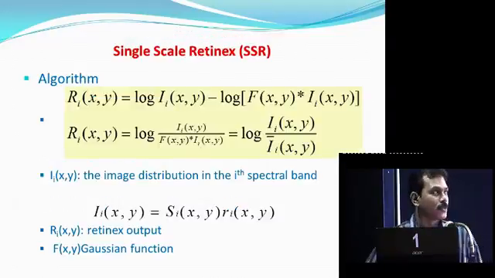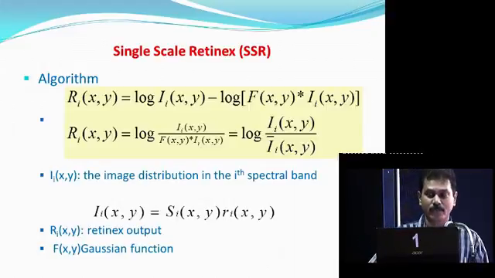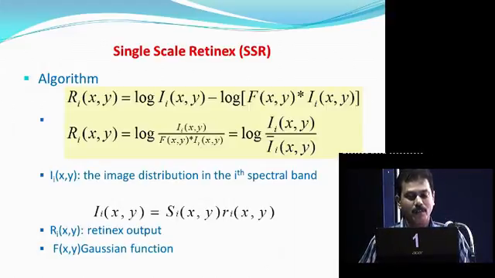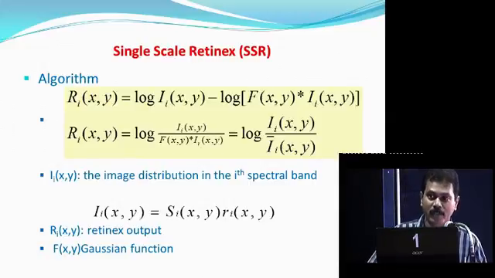Coming to the single-scale algorithm, R(x,y) is the Retinex output, where the logarithm of the image is taken and it subtracts the logarithm of the convolution of F(x,y) with the original image, where F(x,y) is a surround function.